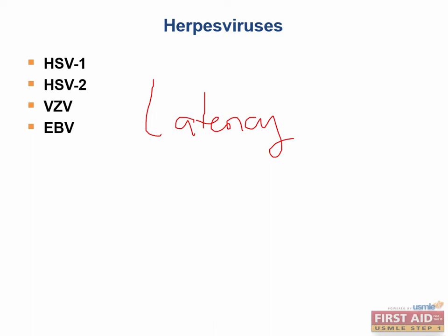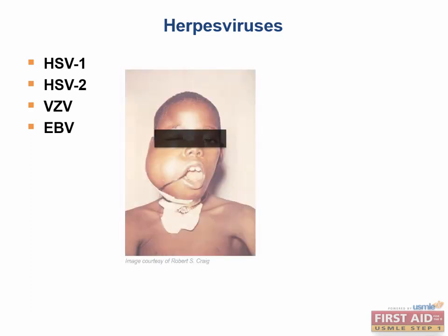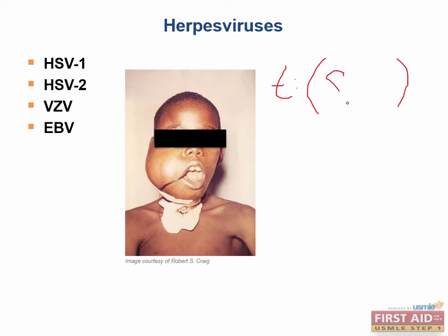It is important to remember that EBV is also associated with Burkitt's lymphoma, a type of non-Hodgkin's lymphoma. So if we think back to hematology, what translocation is associated with the development of Burkitt lymphoma? Remember, that's a translocation from 8 to 14. And we can remember that by remembering 8 looks kind of like the B in Burkitt.